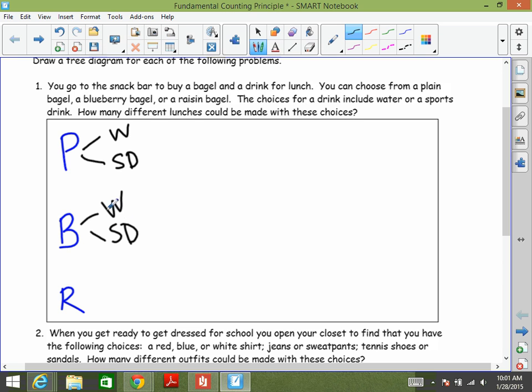How many combinations? 2. So now we're up to what total? 4. 4 combinations. Okay, what if I get the raisin bagel? What can I have to drink? Water or sports drink? How many total different lunches can I have? 6. There's 6 lunches. And the way you count that is by counting your outside branches.